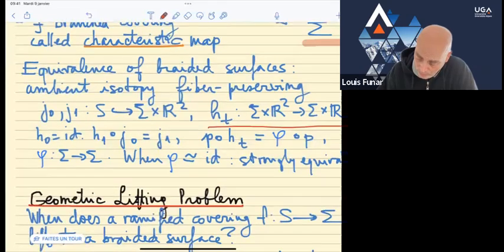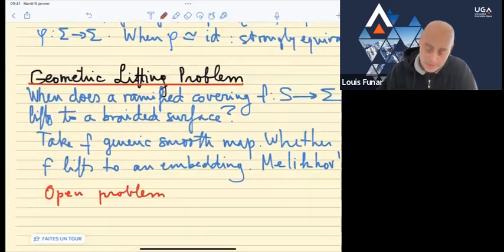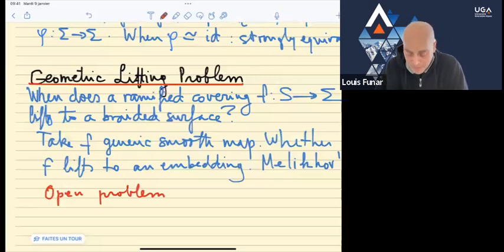So as I said before, one of the first questions we can ask about such braided surfaces is how many there are, and how you could relate them to the ramified covering. So in particular, going backwards and given a ramified covering from S to sigma, can we lift it to a braided surface?